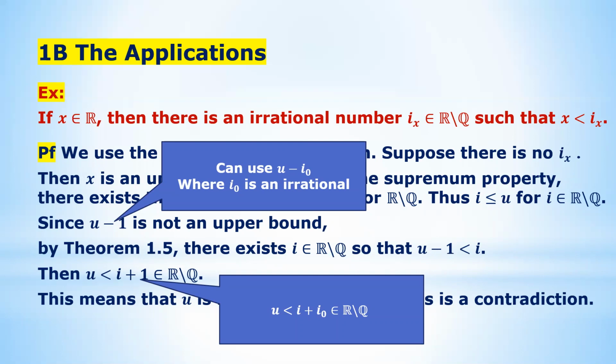And we know that if you have two irrational numbers, the sum may be irrational, or maybe an integer. So that's why in this argument for the irrational number, you cannot replace it by I naught, by an irrational. Okay, so this is some kind of extended discussion of the proof for this Archimedean theorem.